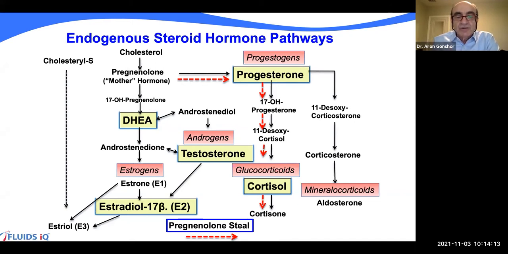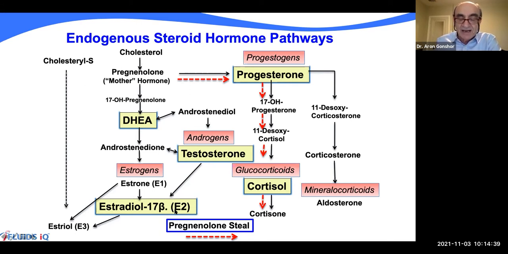For those of you who are in the field, you'll know that from that pregnenolone, you can go to the progestogens, which is mostly progesterone, and you can go to DHEA, which then is going to form many others, testosterone, which is one of the androgens, or the whole series of estrogens, including E1, E2, and E3.